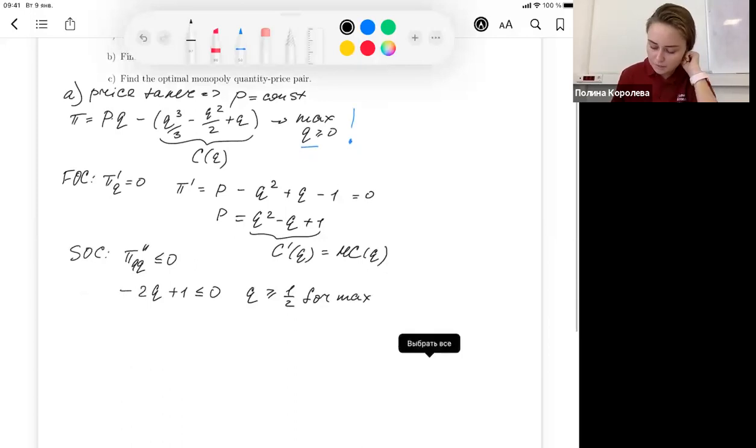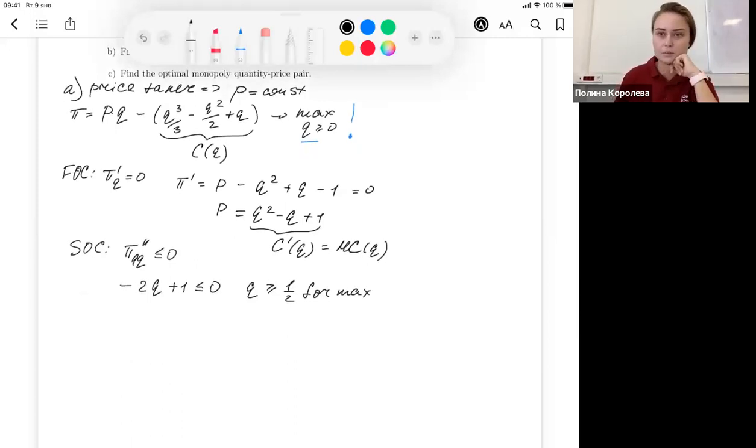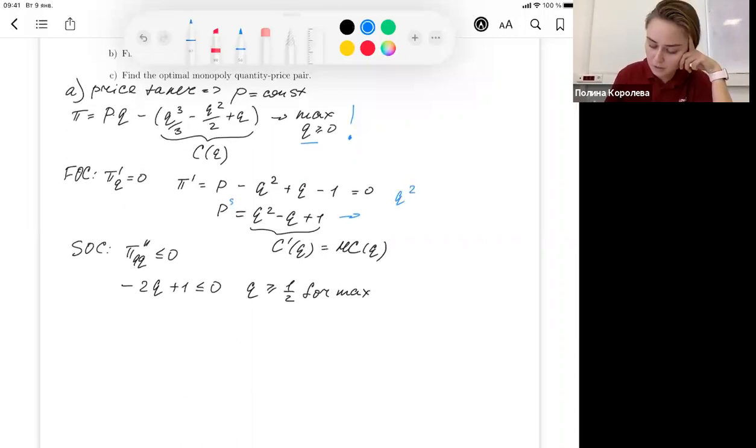So then we should find the quantities supplied, and we will find them from the first order condition. But in the first order condition, we now have something like an inverse supply function. So from here we should find quantity. Let us invert our function. So q squared minus q plus 1 minus p equals 0.